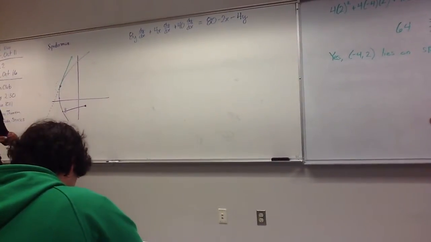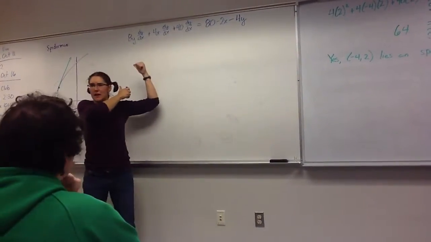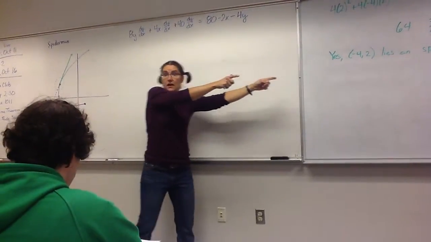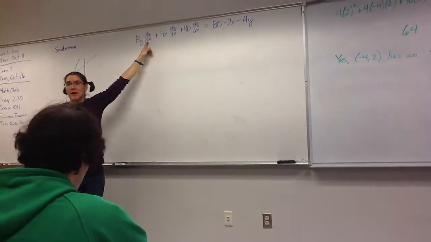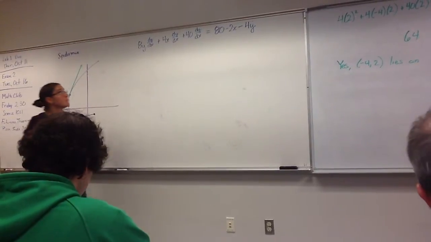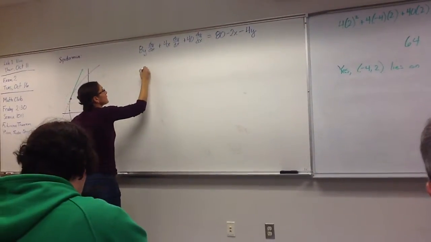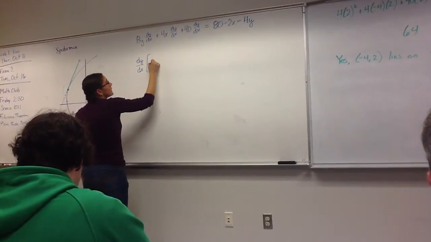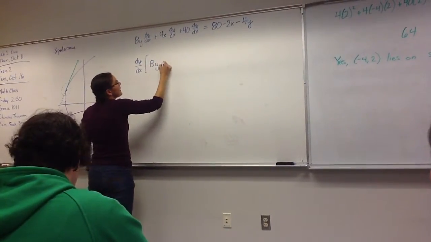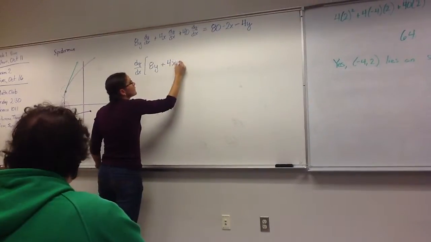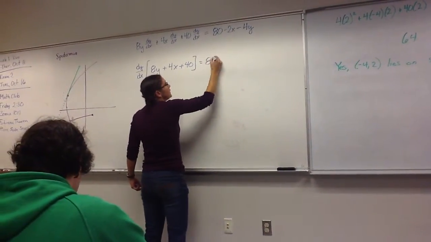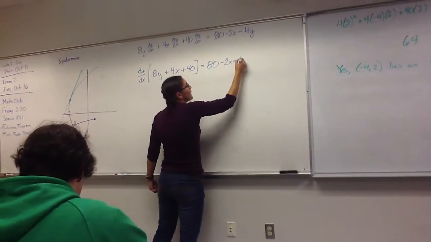All right, so everything involving a dy dx is on the left side, everything not involving a dy dx is on the right side. And so what that means is that now we can factor out a dy over dx. And so we've got dy over dx times the quantity 8y plus 4x plus 40. And all of that is equal to 80 minus 2x minus 4y.